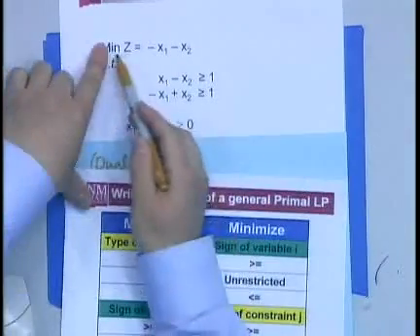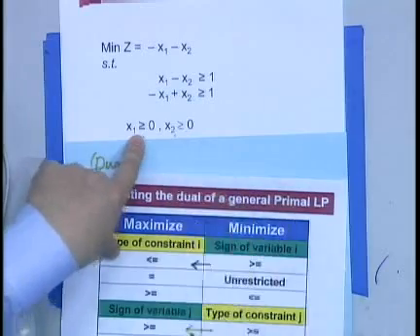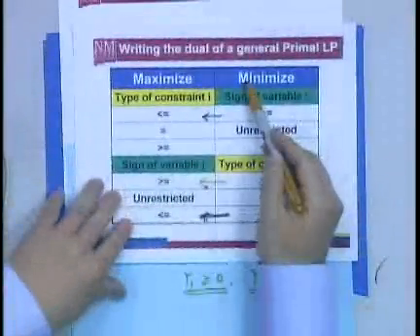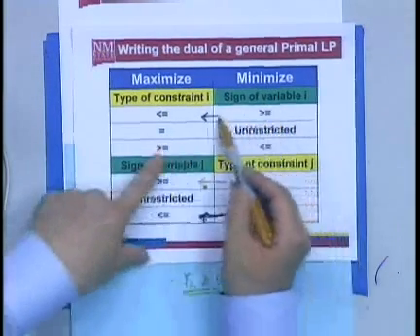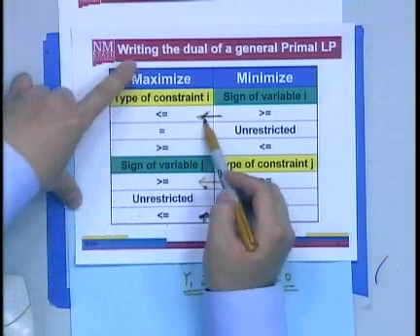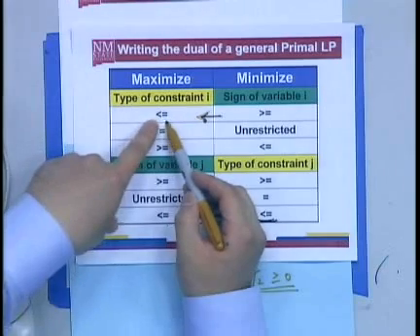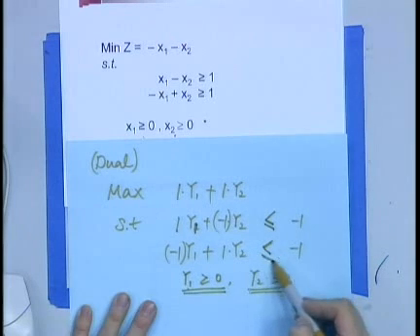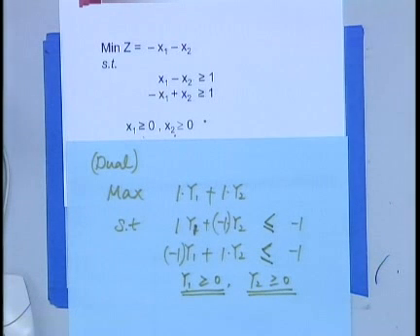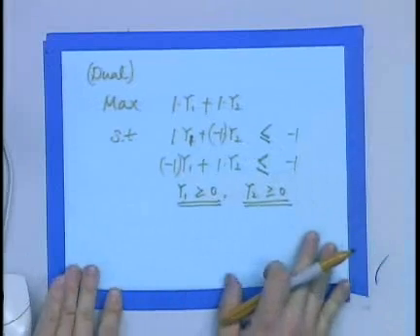And in the minimization problem, both variables x1 and x2 are greater than or equal to zero, which implies that in the maximization problem both corresponding constraints should be less than or equal. So we have less than or equal signs in the dual constraints. So this is the corresponding dual problem.